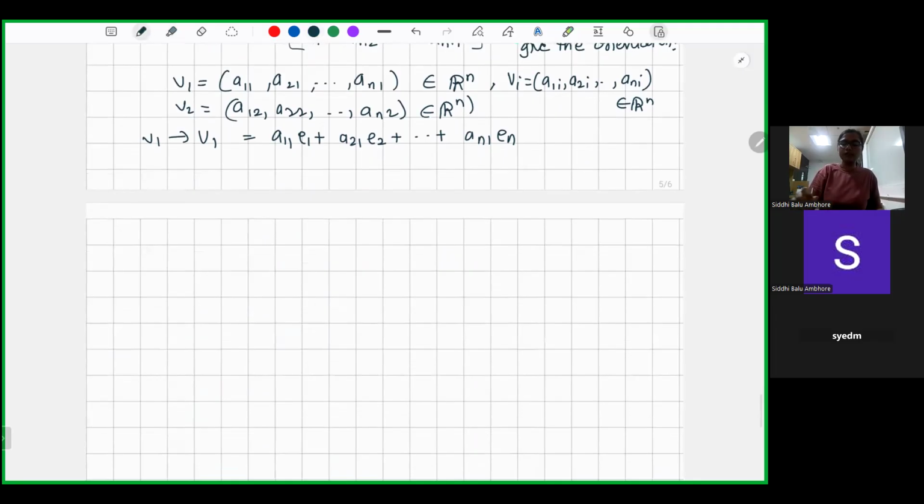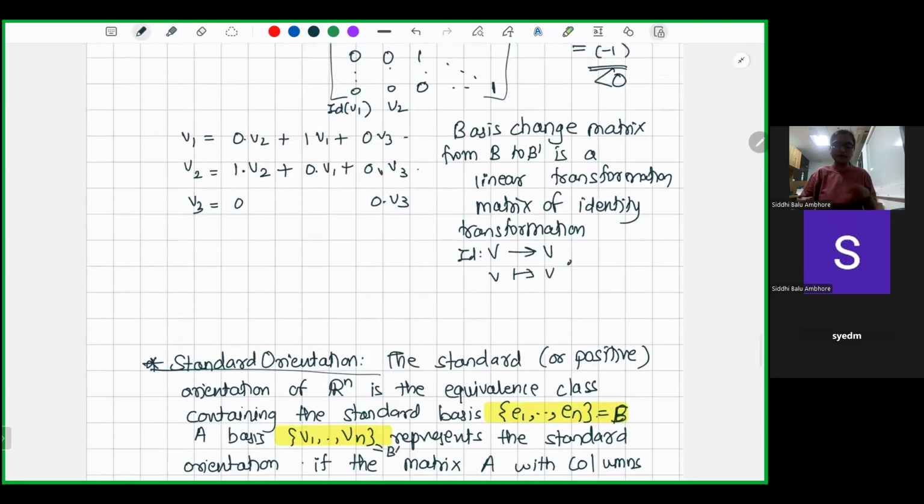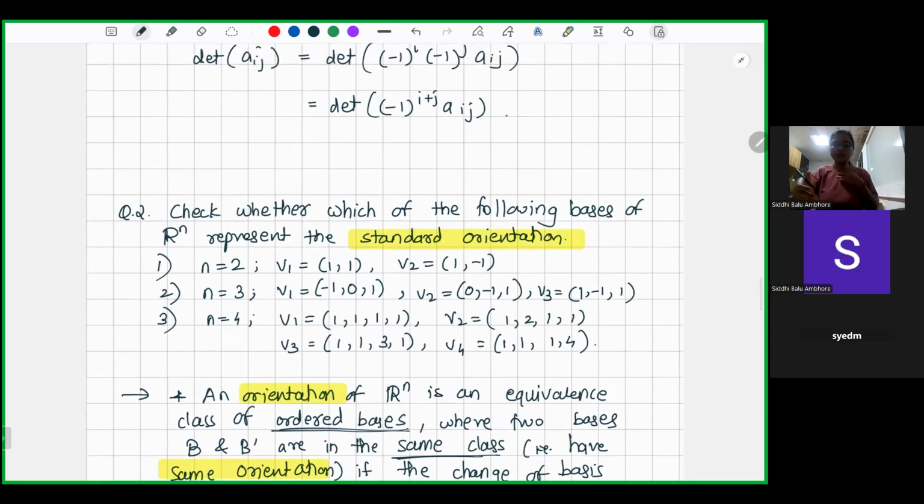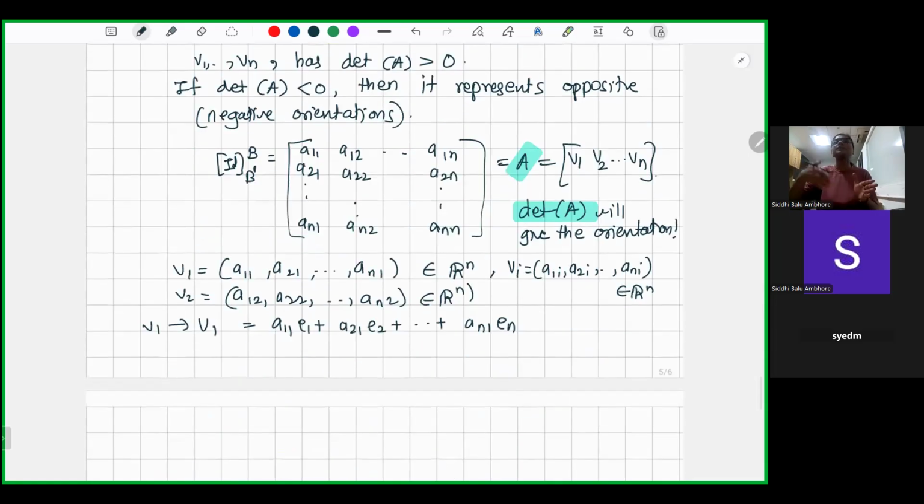So that's what we will be doing here. Our question is to calculate and check whether this basis has the standard orientation, whether it has positive orientation. So what we have to do is write those vectors as columns and check the determinant of that matrix.